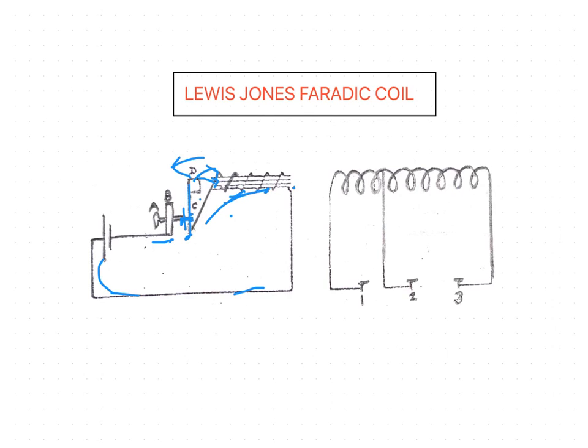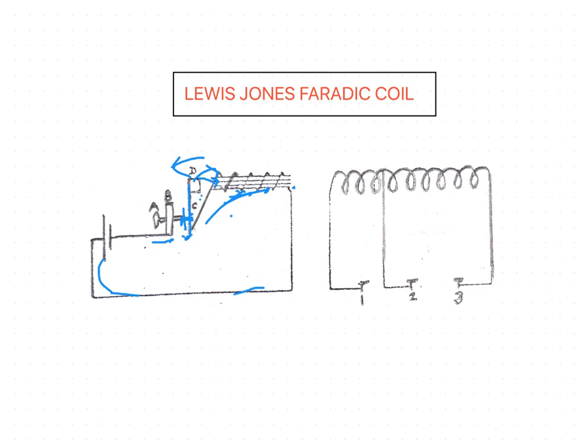After magnetization, the hammer is attracted towards the iron core. Then again the circuit breaks. So like that it is going to occur. This is called the series of events.